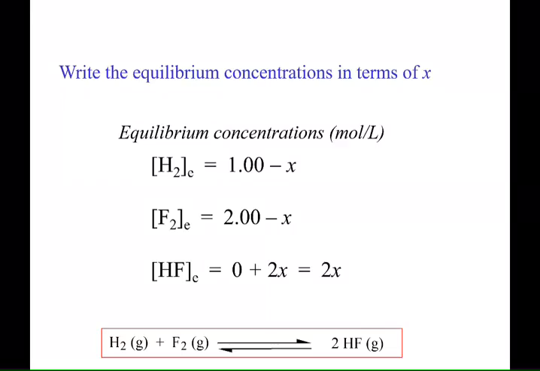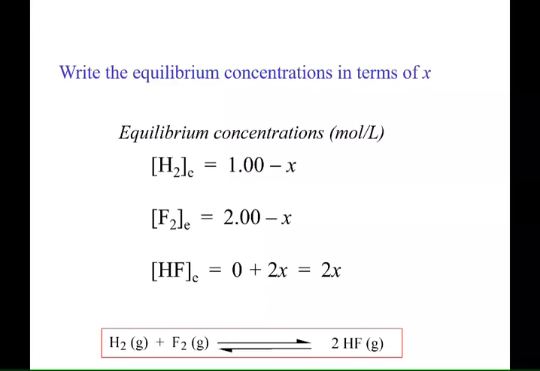Okay, so my slides, I like the ICE tables because they keep me organized, but you actually can work this problem without an ICE table. I'm all about communication, and that should be for all scientists, especially physical scientists.